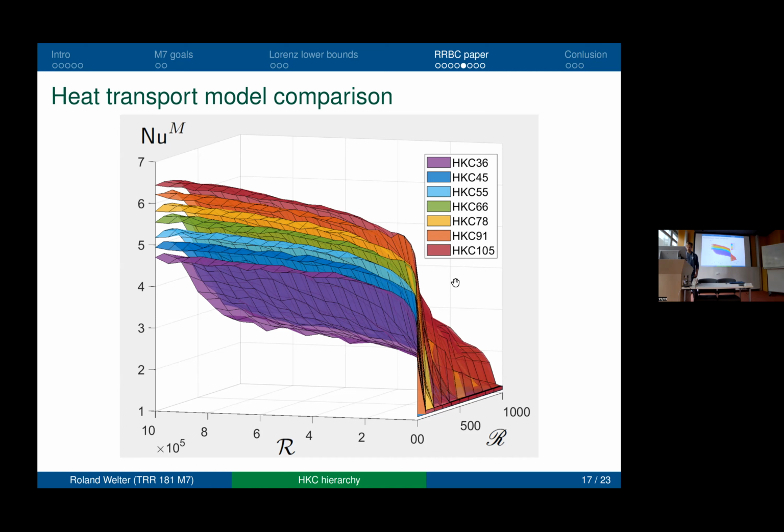And so here the first thing we can see is that the heat transport depends quite a bit on the model resolution. Easily over, probably something like 50%, around there.